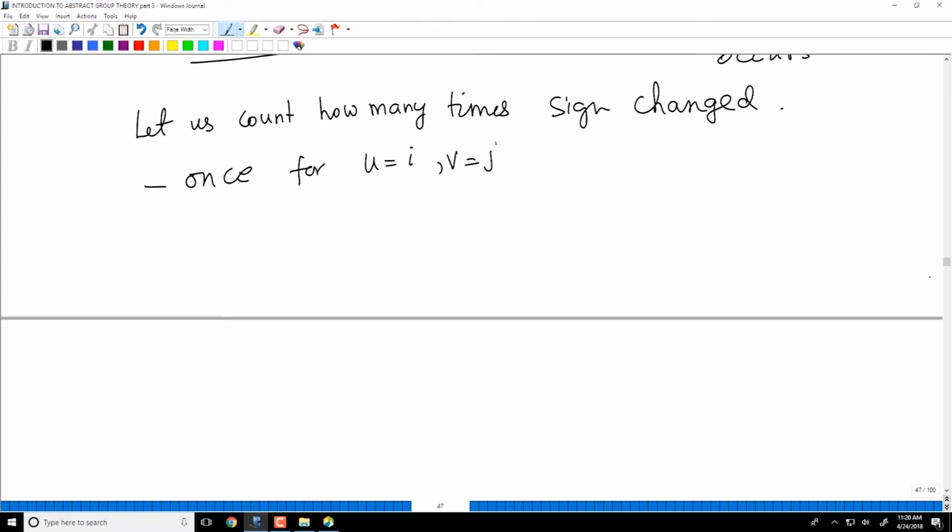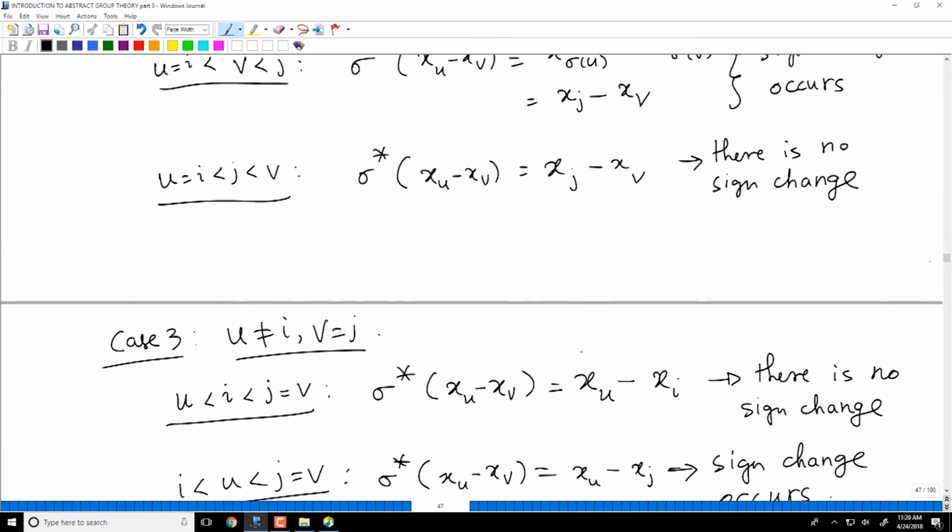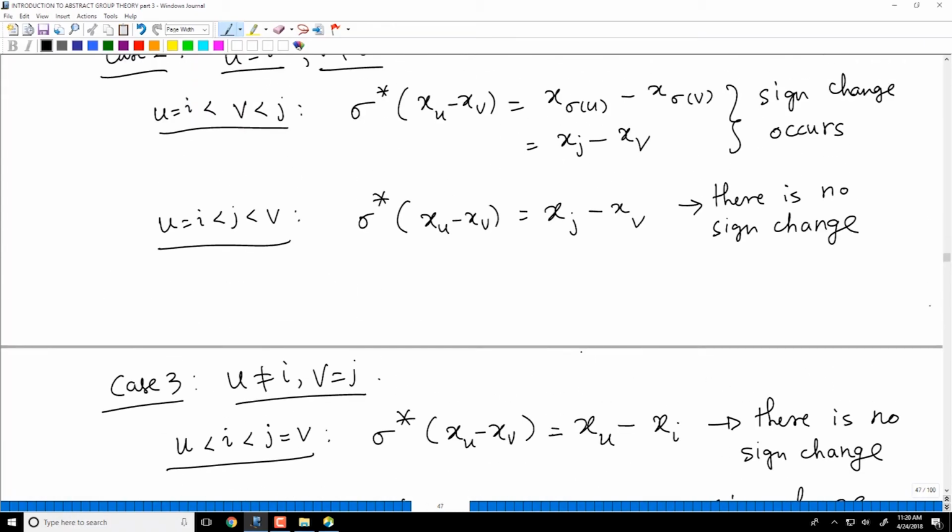Okay, now when else did it happen? In case 2 it happened whenever, remember i and j are fixed, we are counting how many times (u, v) have the property that sigma u is strictly more than sigma v.